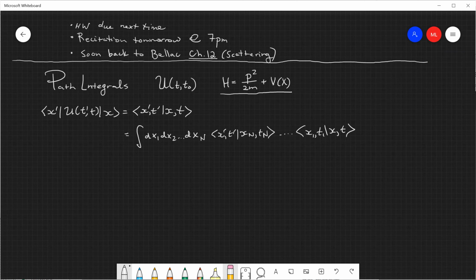So that's what we did towards the end. We said, well, okay, let's look at what happens over a very short time interval if we evolve from the state xt to some time a little bit later, t plus delta t. And of course, that's just the exponentiated Hamiltonian.